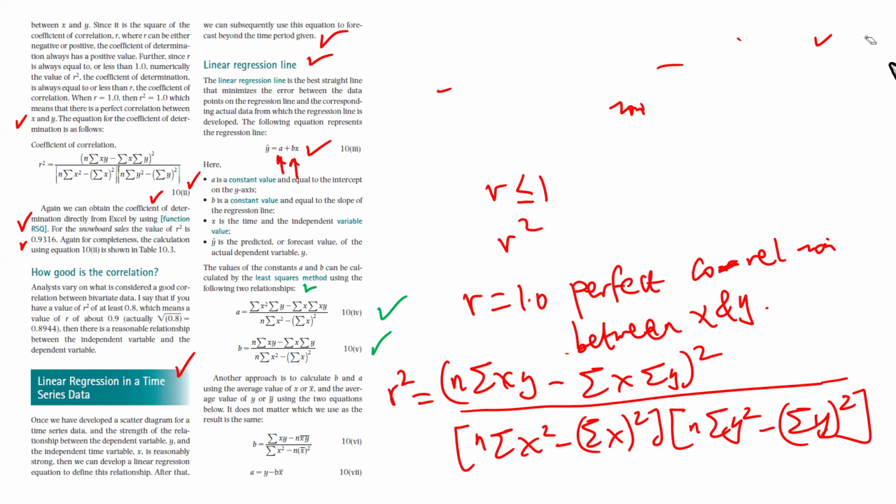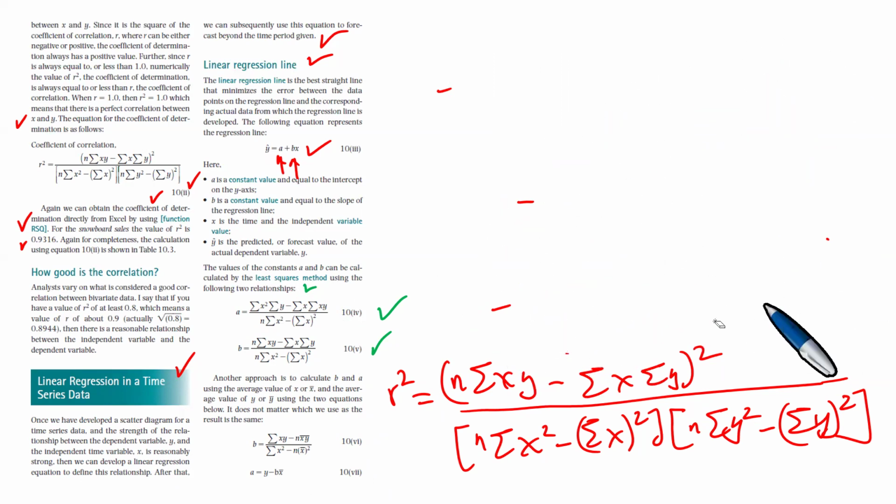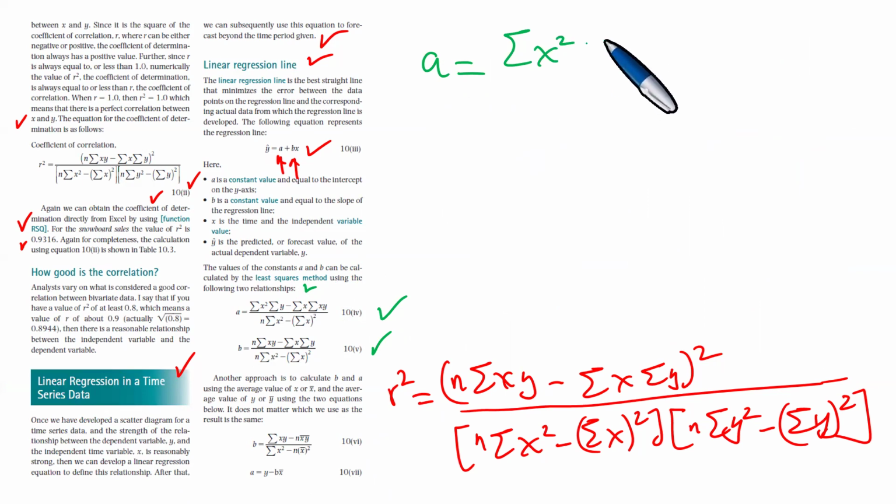I know you might have seen them briefly at school, but because we've seen the formulas for the coefficient of correlation and the coefficient of determination, I want us to have a feel of the symbols: the summation of x squared, the summation of y, the summation of x, the summation of xy.